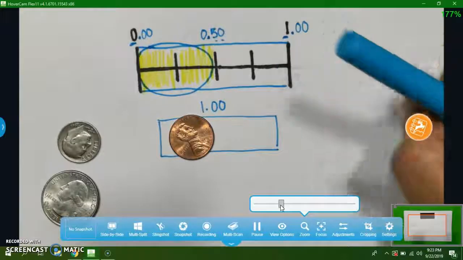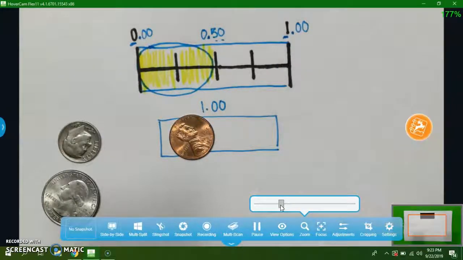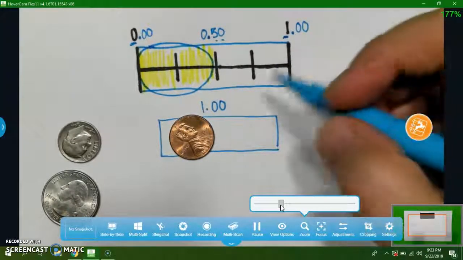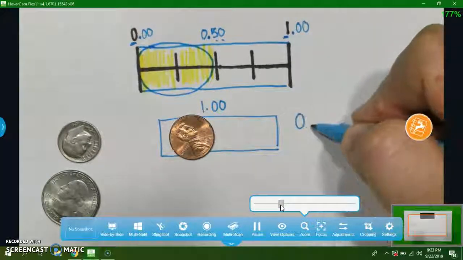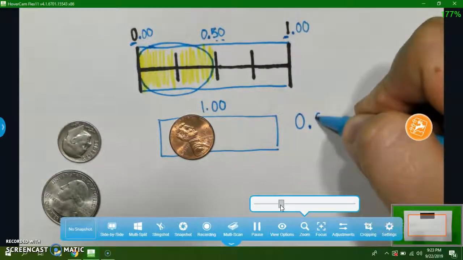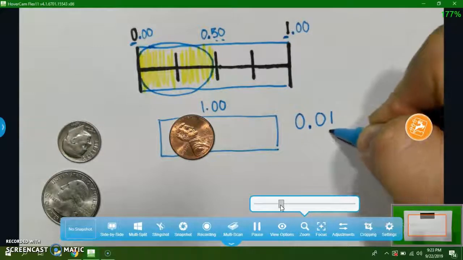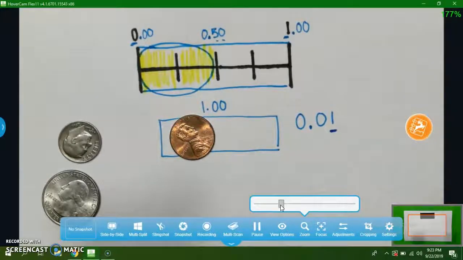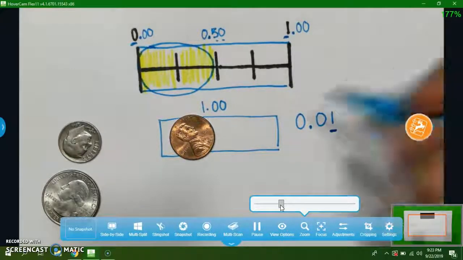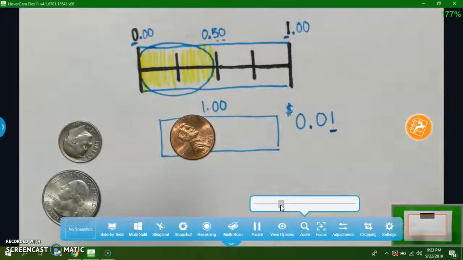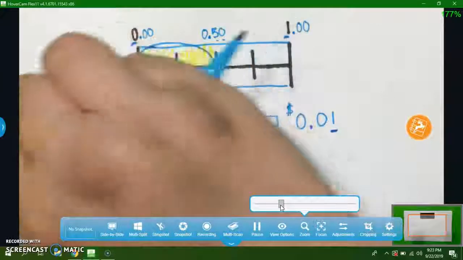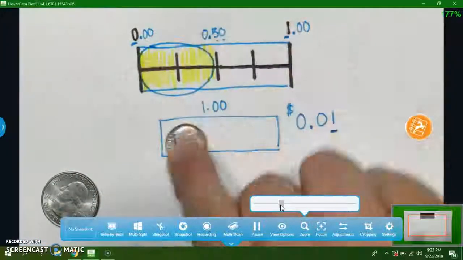A penny. It takes how many pennies to make a dollar? 100. And so if I had 1 cent, I have $0 and 1/100th of a dollar. Also known as, what does this look like, class? $0 and 1 cent.